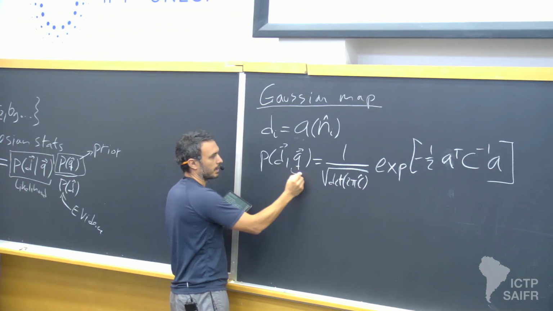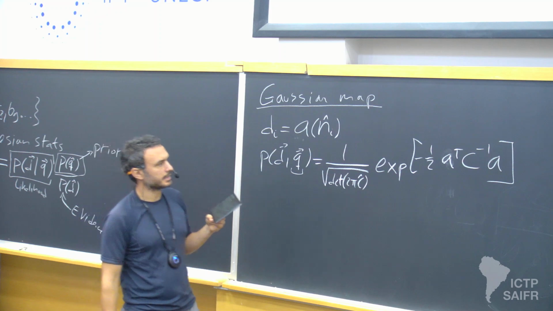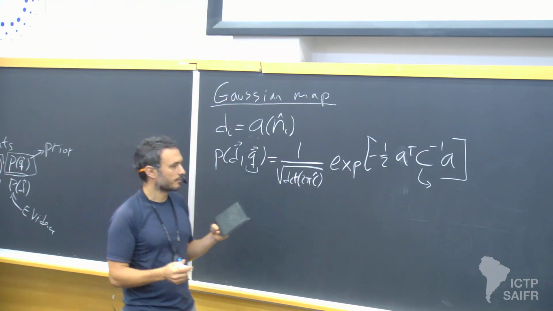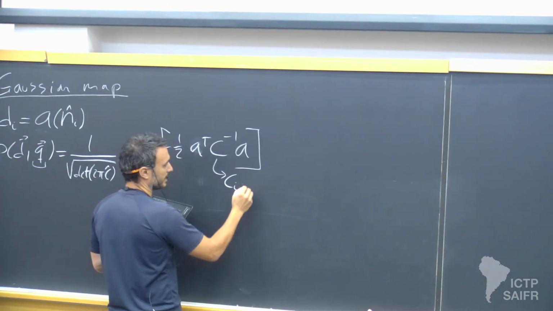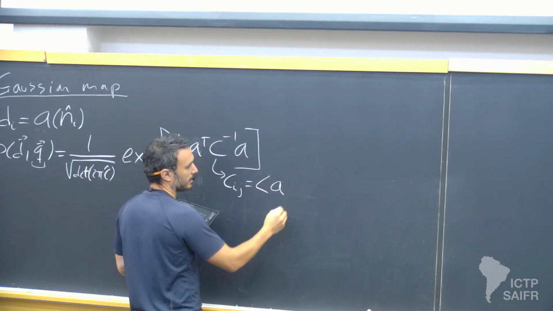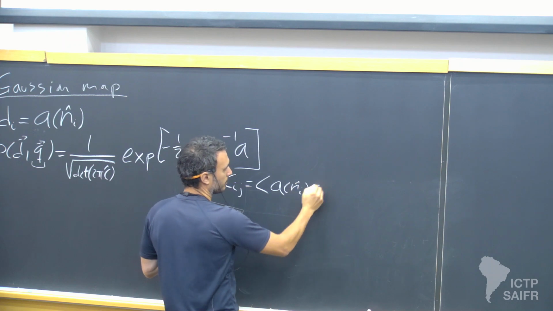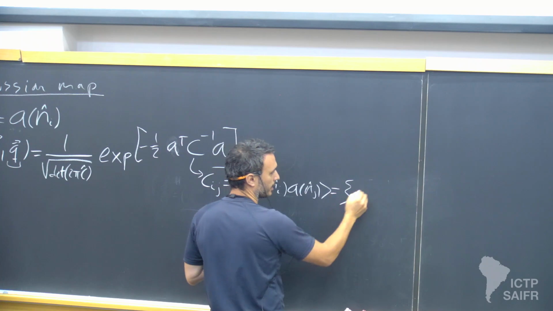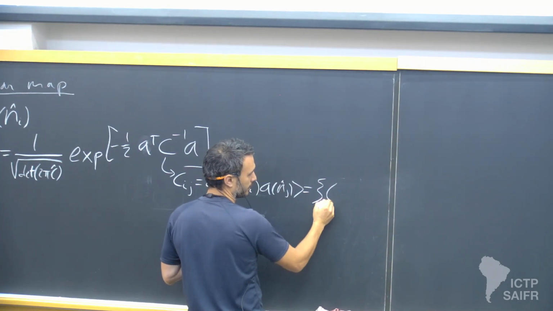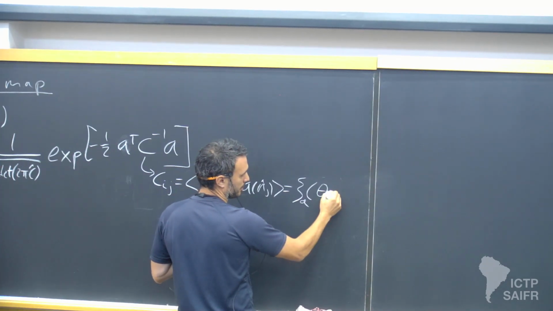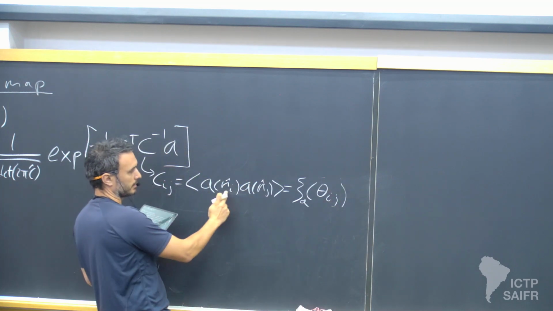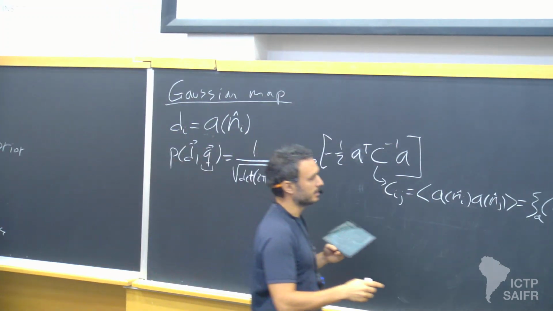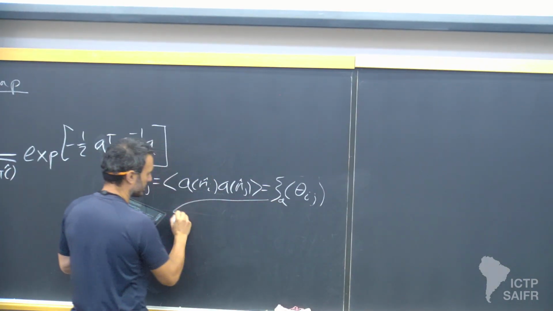Now the question is, where are the parameters here? And the parameters are in the covariance matrix, right? This is where the parameter dependence comes in. What is the covariance matrix? C_ij, by definition, is just the expectation value of A in pixel i with A in pixel j. And we've already seen what this is, right? This is what we call the correlation function for the field A at angular separation theta_ij, the angular separation between these two pixels in the sky. And we know that this depends on cosmological parameters, because we could connect it with the power spectrum.